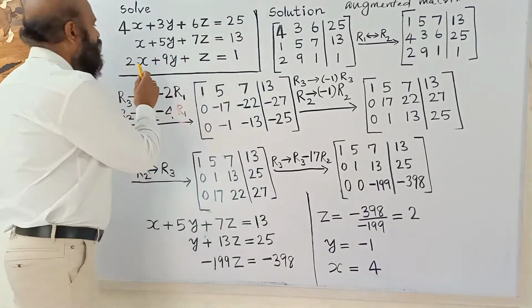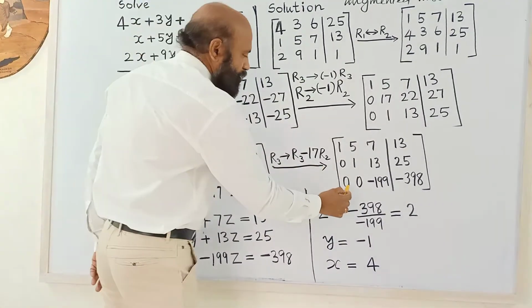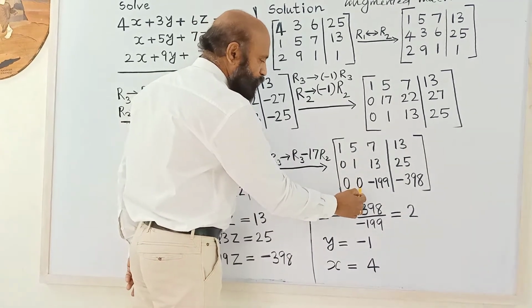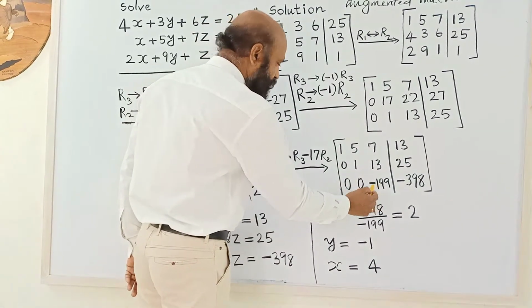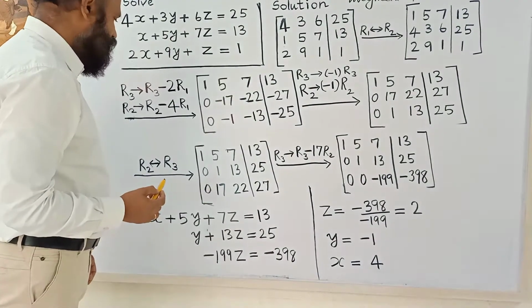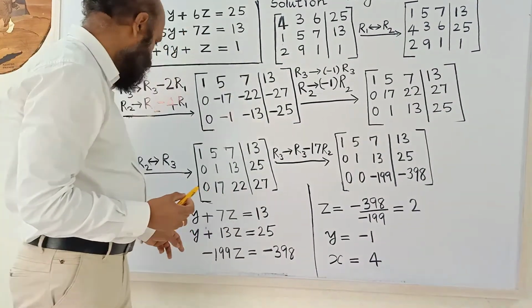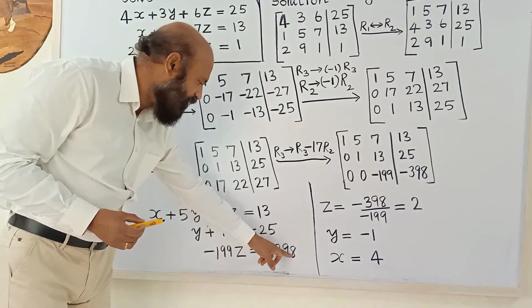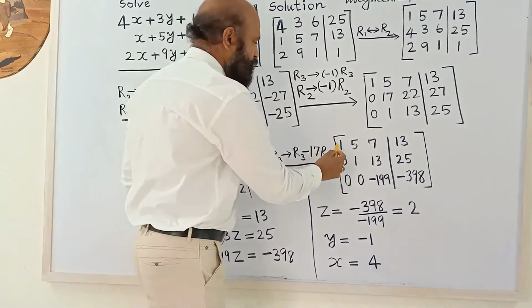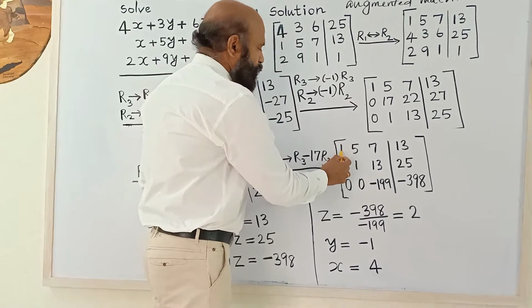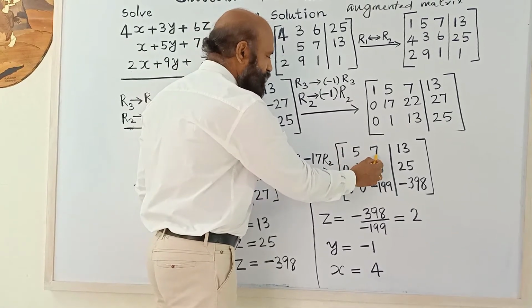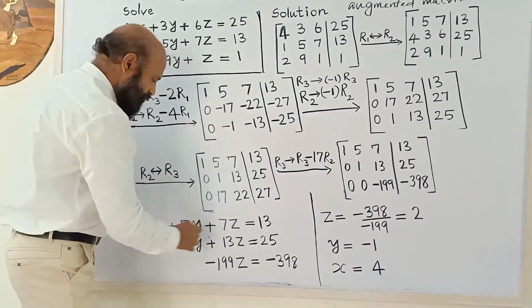Now you can see 0 here, 0. So once again you can write: here the x coefficient is 0, here y is 0. So from this we can write minus 199z is minus 398. Starting from here, first you will write x plus 5y plus 7z is 13.